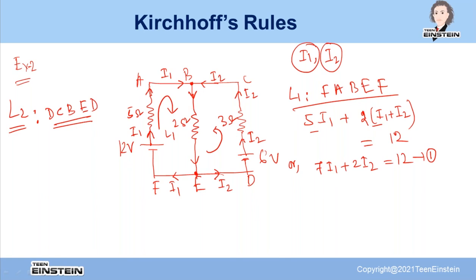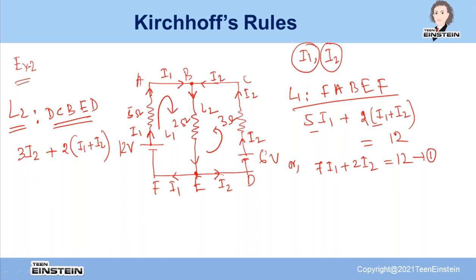Now look, if I write the KVL for this L2, loop 2, I'll write 3 into I2 plus here 2 ohm, so 2 into (I1 plus I2). There are no further resistances. Now the EMF here is also positive, because see, I have taken the current from the positive terminal.